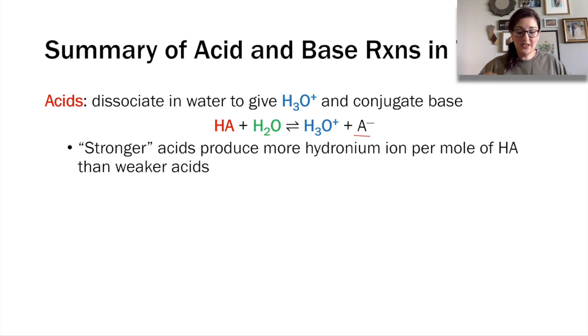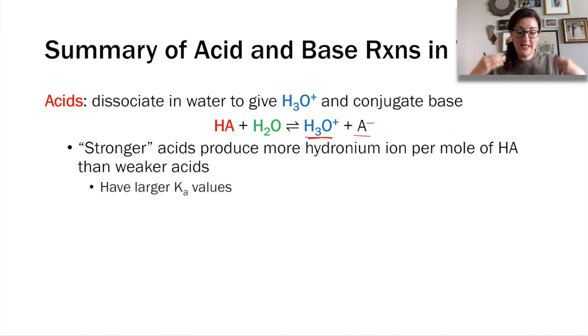So we said that the stronger acids produce more hydronium per mole of HA than weaker acids, right? HCl dissociates completely, so one HCl will give one H3O+. The weaker the acid, the smaller the number of H3O+ we get per mole, because remember that product can go back to form more reactants.